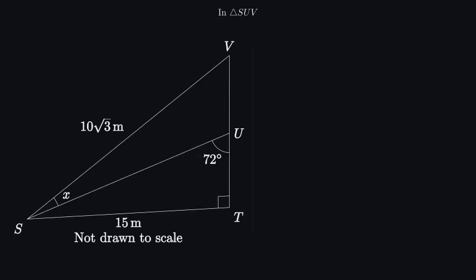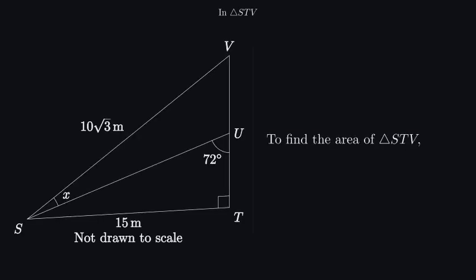Now we need the area of SUV. The triangle SUV is the part of the large triangle STV left after removing the smaller triangle STU. To find the area of the large triangle STV, we can use base ST equals 15 m, and height TV. So we first find TV. With respect to the 30 degrees, angle at S, TV is opposite and ST is adjacent.